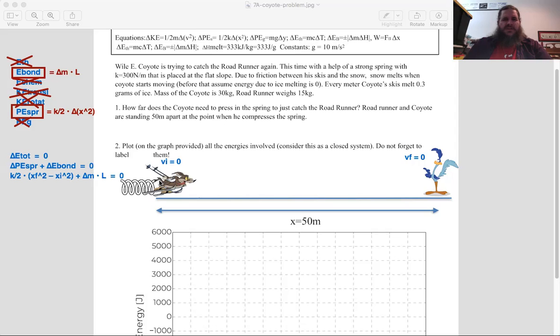Do we know the original compression of the spring? Or is that what we're trying to find? Yeah, we don't know that. In fact, that's really the end goal here. The goal is how far do you have to press in the spring. So x initial is the unknown.